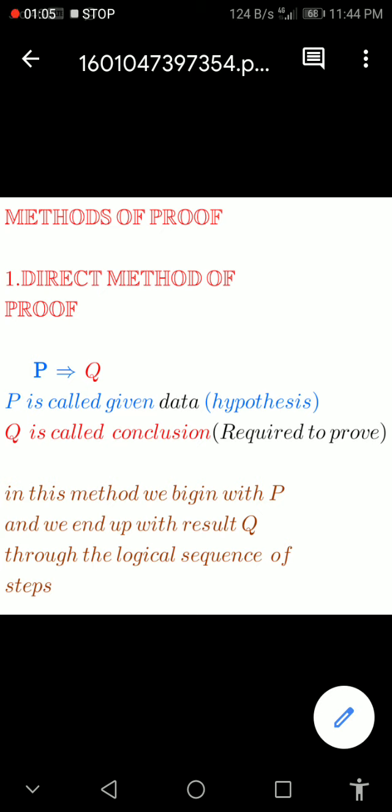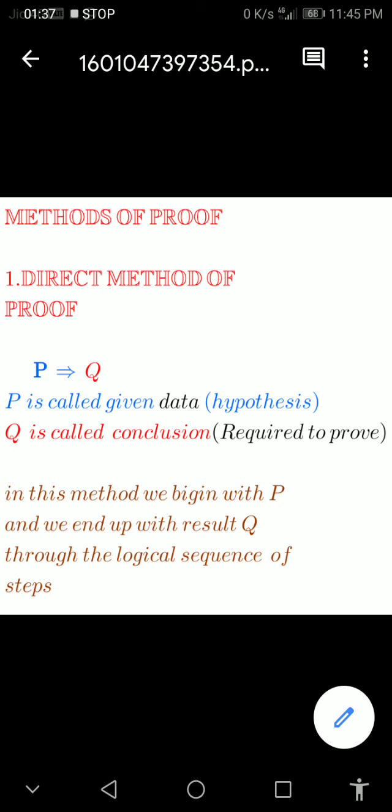Most of the problems, most of the statements, and most of the theorems in mathematics are proved with the help of direct method of proof. Few of the statements in mathematics are proved by using indirect method of proof.